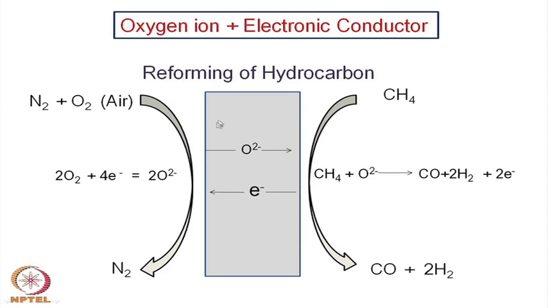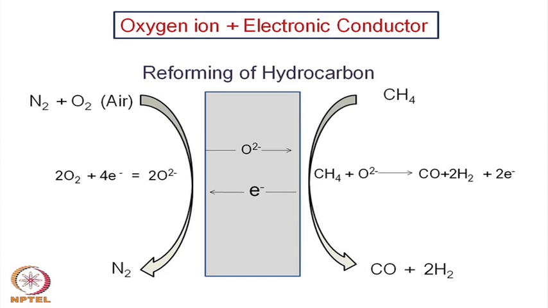Now, this is some sort of an electrolyte. Earlier we have seen a fuel cell where the oxygen ion is moving through the electrolyte and the electron is moving in the outer circuit, generating the current, and you can draw current because of the flow of oxygen ion.